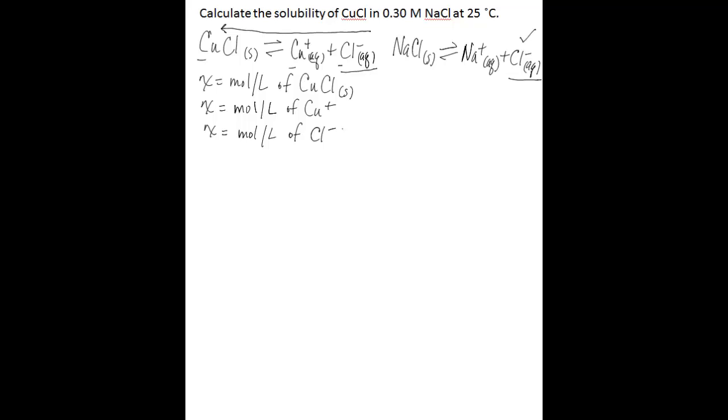We can't just take those X values and substitute them into the Ksp expression and then solve for X to find the concentrations, because we have some chloride present coming from the sodium chloride solid. So the chloride concentration coming from the sodium chloride is 0.30 moles per liter.